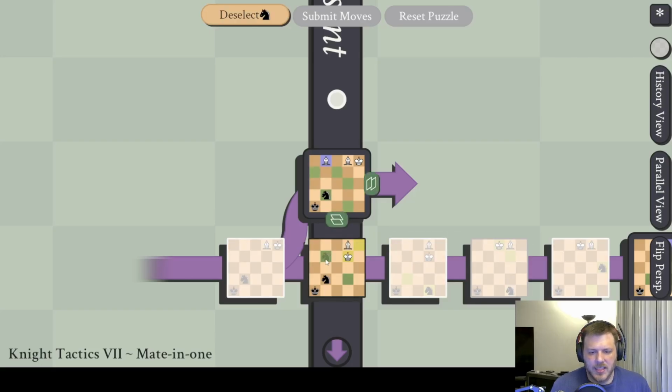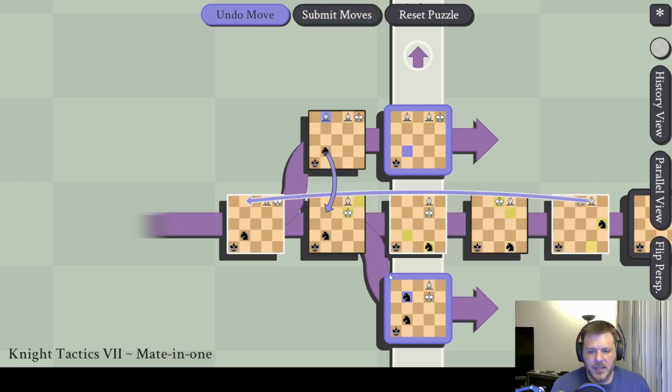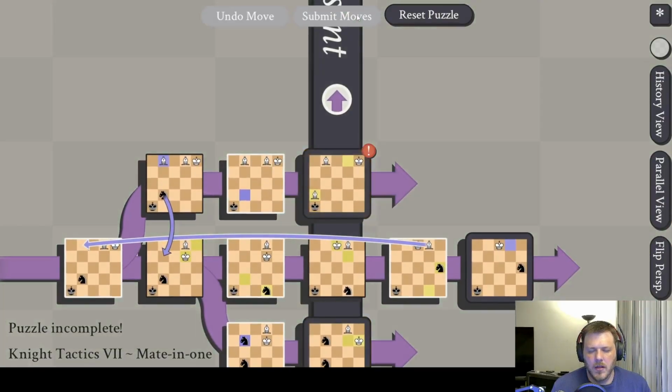Let's take a look at this again. Okay, so what's the deal here? And that's a checkmate because his bishop is attacking my king in the past.